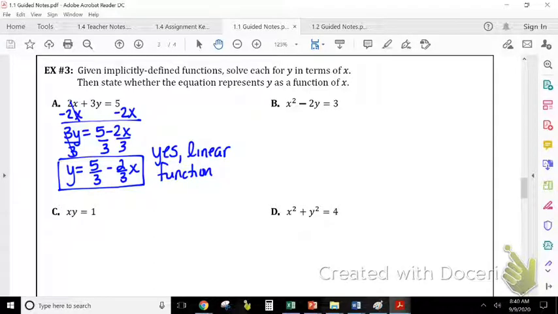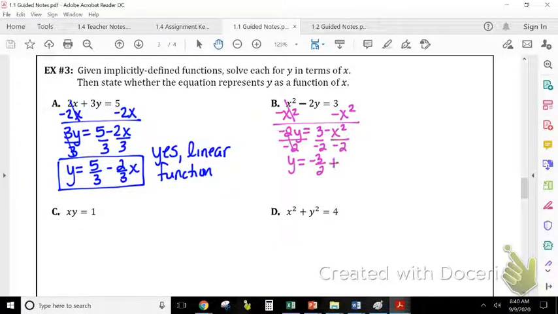All right, B. We're going to do the same thing. Let's solve for y. So I have negative 2y equals 3 minus x squared. And then we're going to divide everything by that negative 2. And so I get y equals negative 3 over 2. And then a negative over negative is a positive.